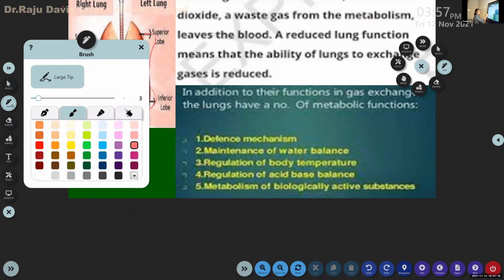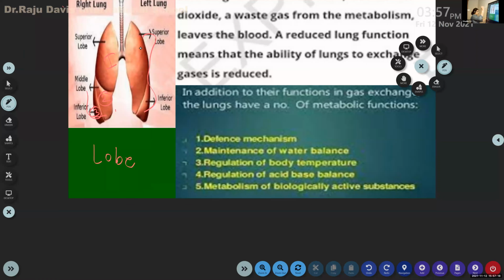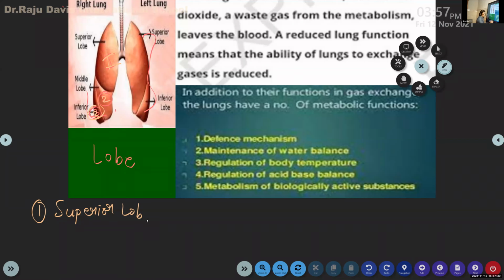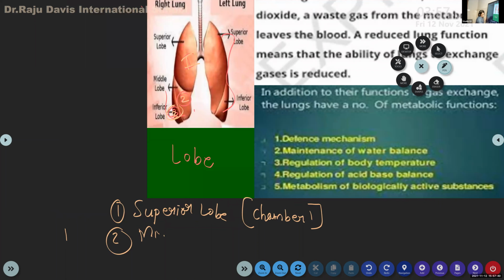And we call the chambers lobes, okay? So the first chamber, we call it the superior lobe. Then the second one, we call it the middle lobe.